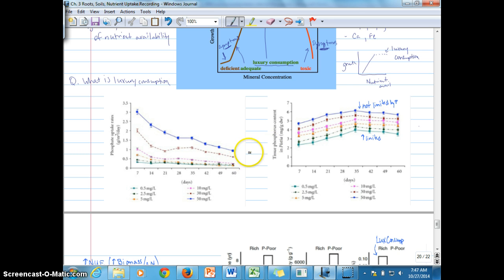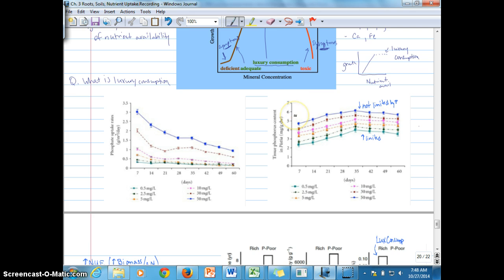When we compare this to the graph on the right, with the same legend and the same x-axis of days of fertilization, the tissue phosphorus content, which is actually its concentration, is shown for plants with different fertilization treatments.